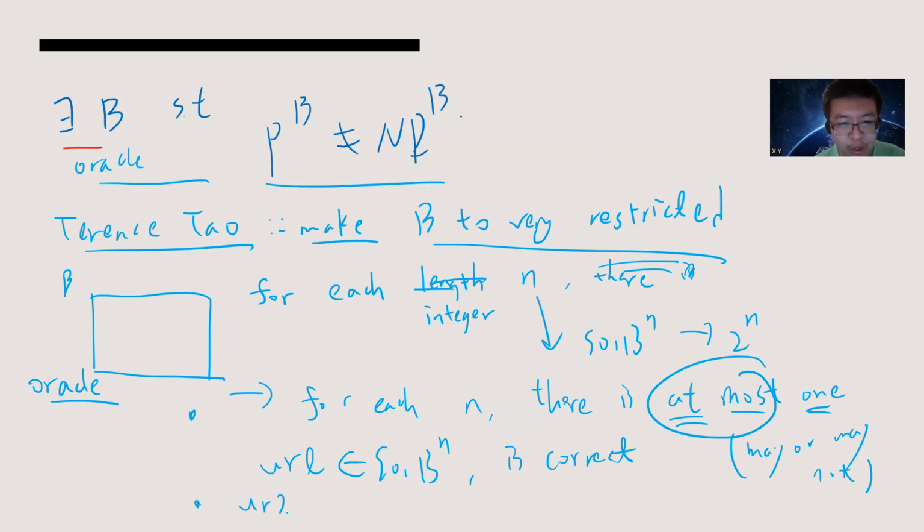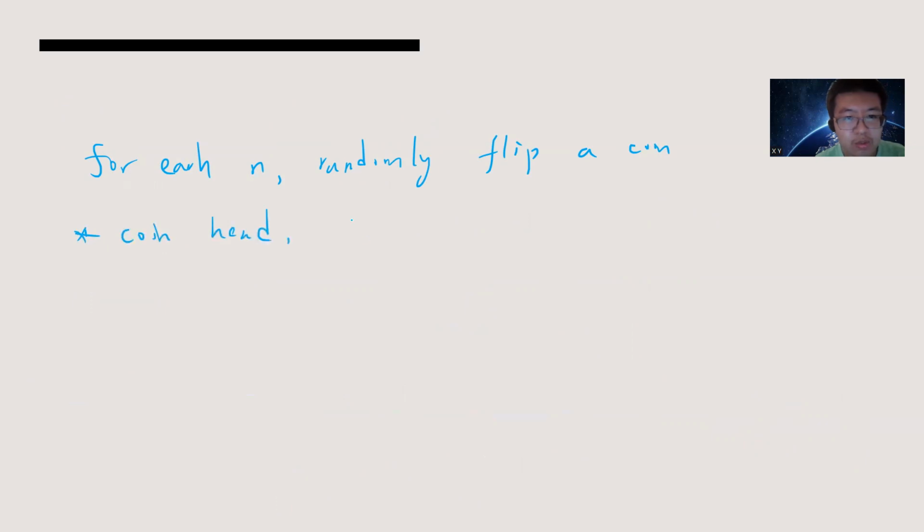And the second point: the URL has no meaning. The way to construct such a URL is, for each n, we randomly flip a coin. If the coin is heads, then we randomly choose an a in 0, 1 to the n to be the correct one.